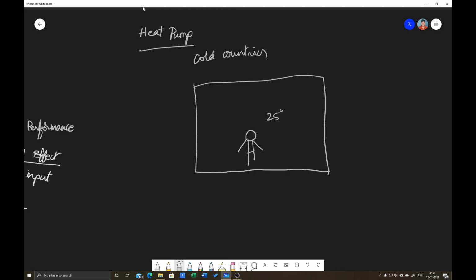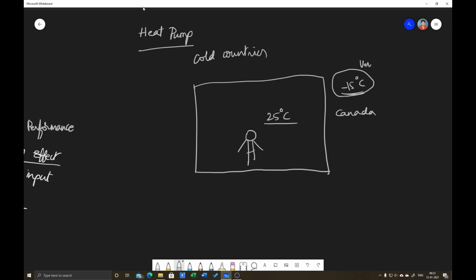In general, humans require around 25 degrees centigrade temperature to survive, whereas in cold countries the outside temperature will be minus 5 degrees or minus 15, minus 20 degrees, like in Canada.